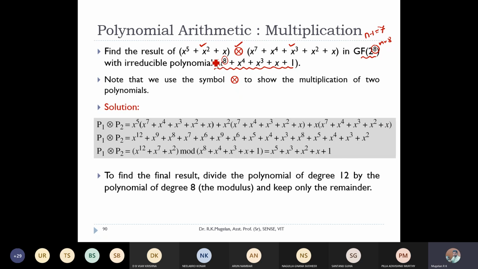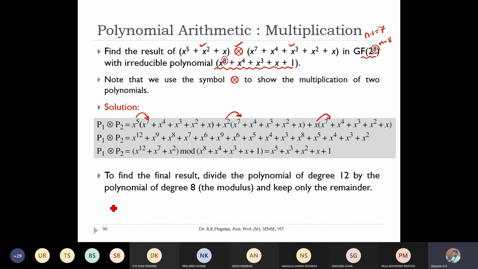What they did is, we have no need to expand the operation as we did in addition. Directly they multiply. So x power 5 is multiplied with x square and x from the first polynomial.